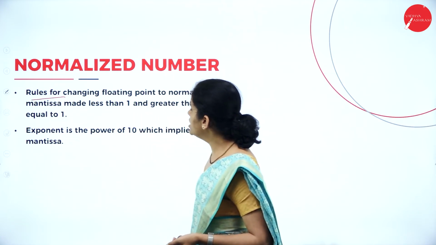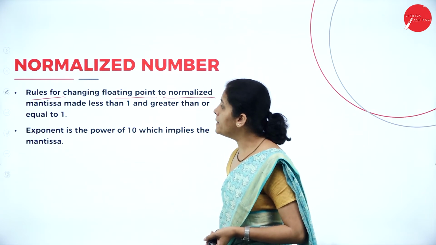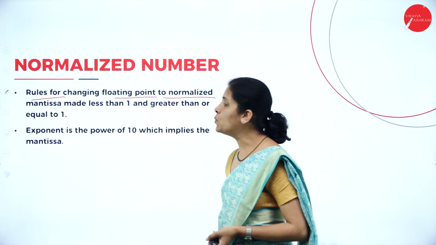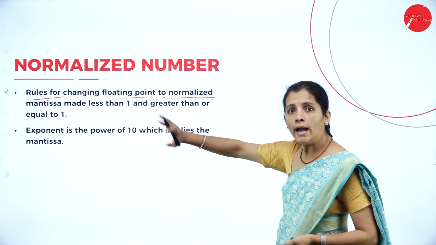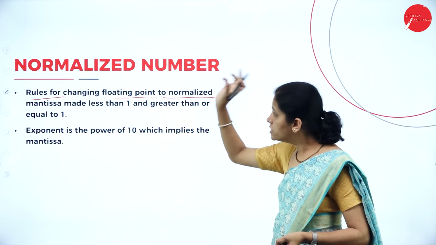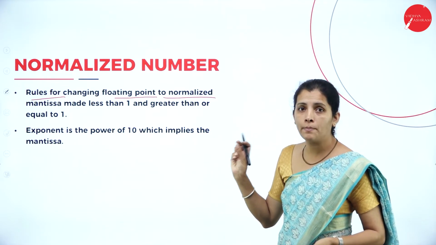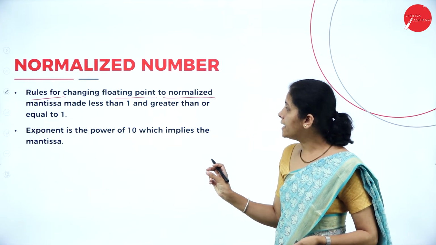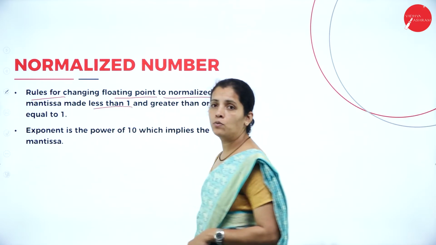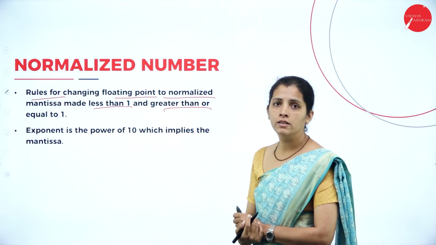Rules for changing floating point to normalized mantissa: the mantissa must be less than 1 and greater than or equal to 0.1.